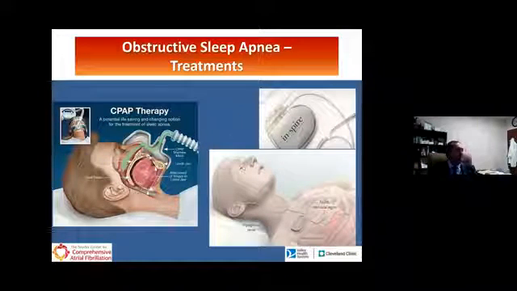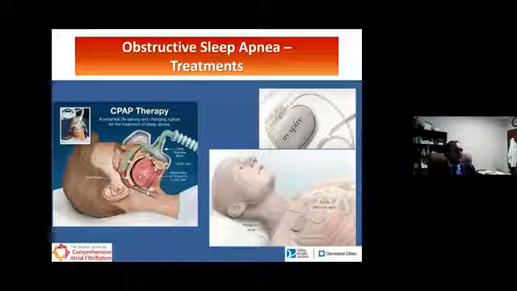Obstructive sleep apnea is usually a mechanical problem, so you solve it by removing the obstacle. The obstacle, as we discussed, is the tongue. If you can see here, this area is the nasal airway, which goes to the back of the throat, and usually the air flows in the back of the throat here.